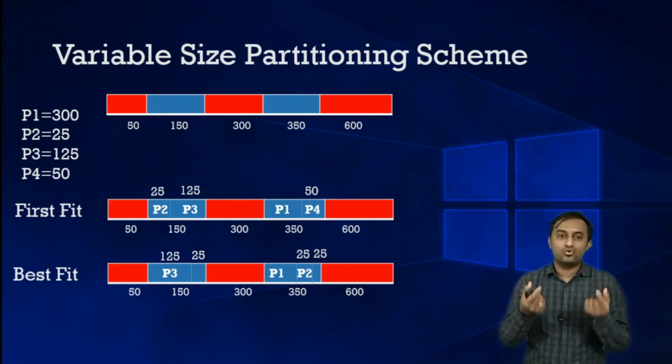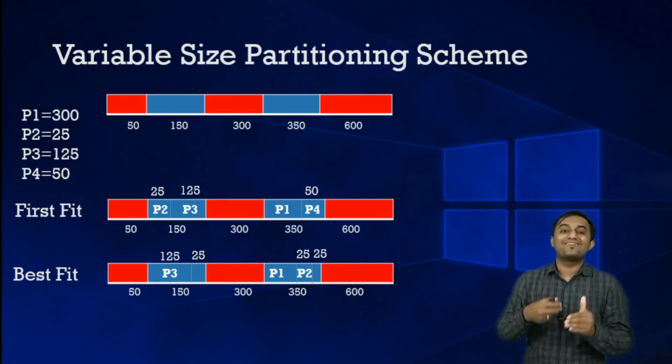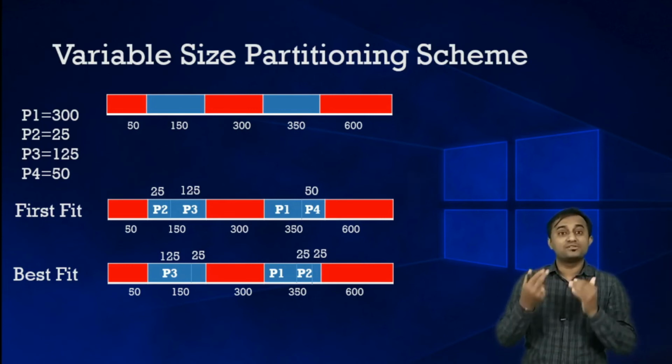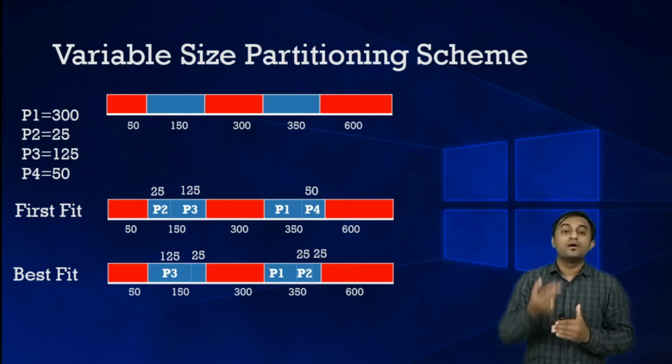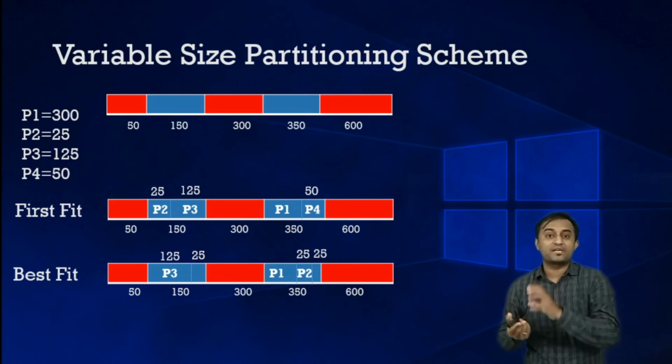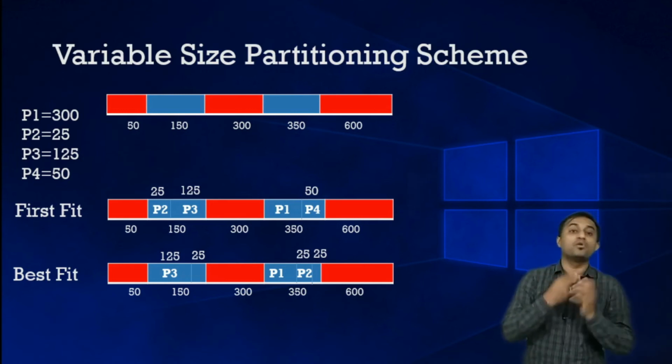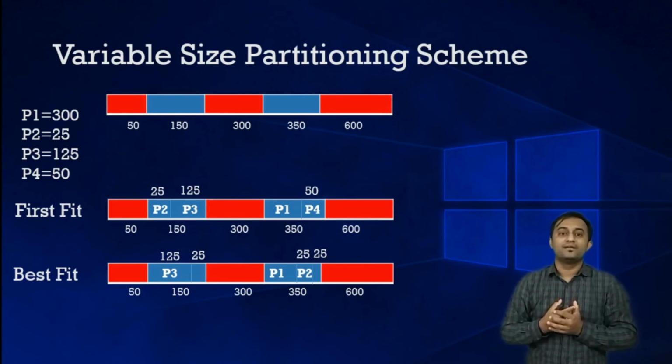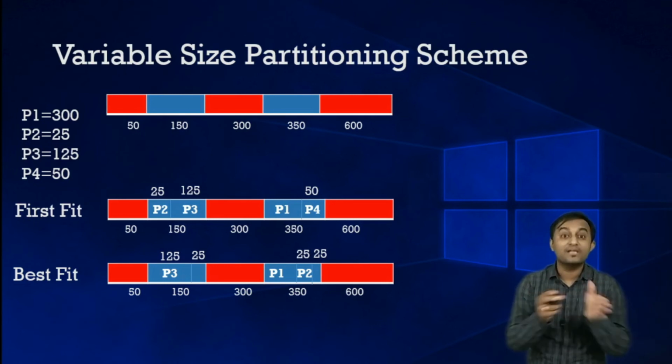So in total we have 50 KB, but this 50 KB is not available in contiguous fashion, because we are talking about contiguous memory allocation, where the process is requested. When the process is executed in the CPU, the whole process will be picked from the secondary memory and put into main memory only if space is available in contiguous fashion.